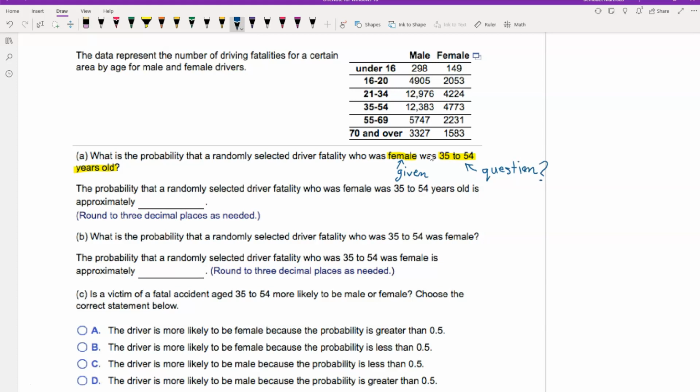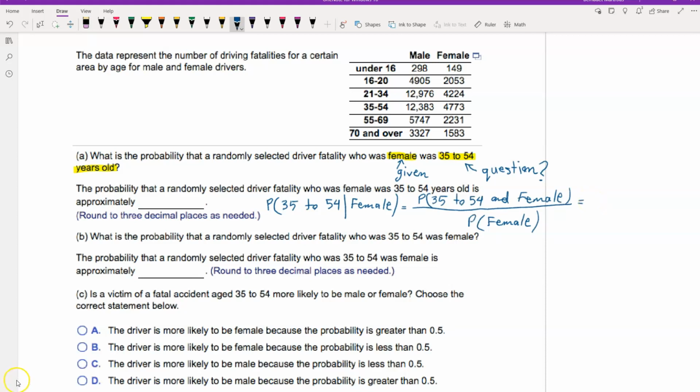Finding the probability, first writing our question: 35 to 54, given that the driver is female, is equal to the probability of 35 to 54 and female divided by the probability of female.